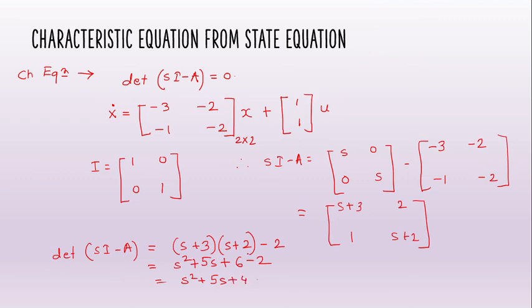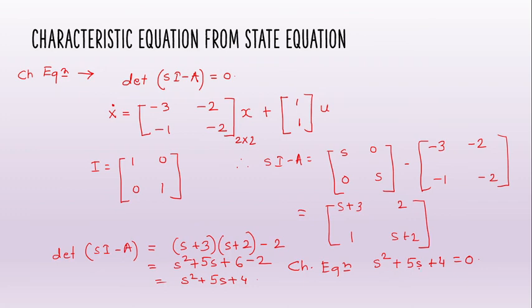So our characteristic equation is this: s square plus 5s plus 4 equal to 0. From this characteristic equation we can get the poles. So factorize it.